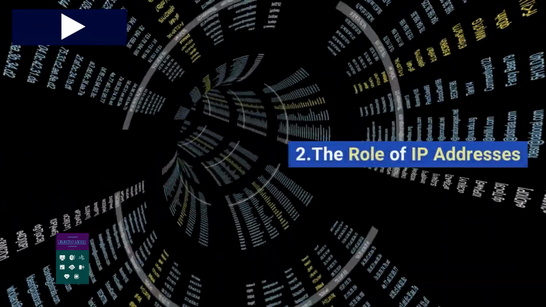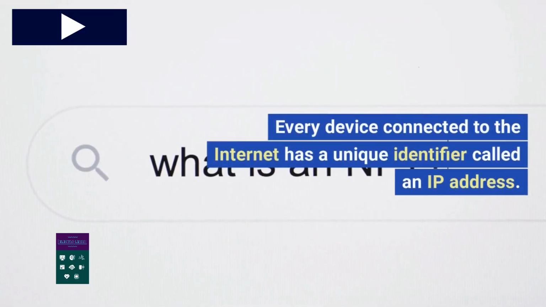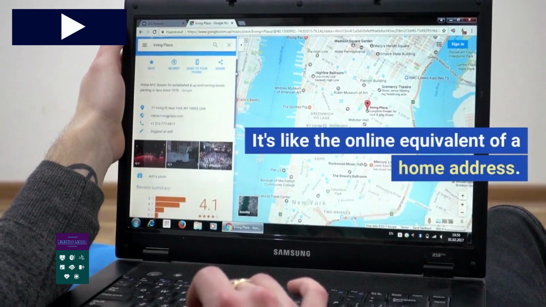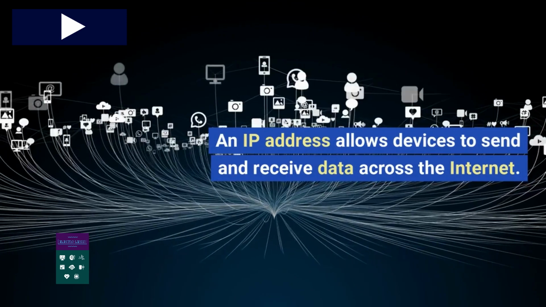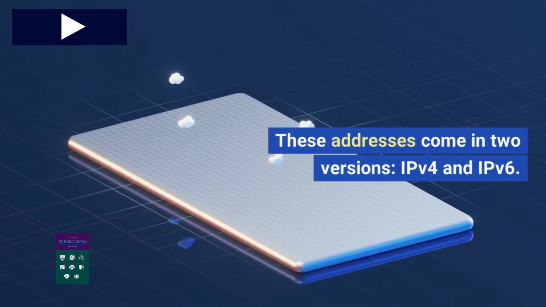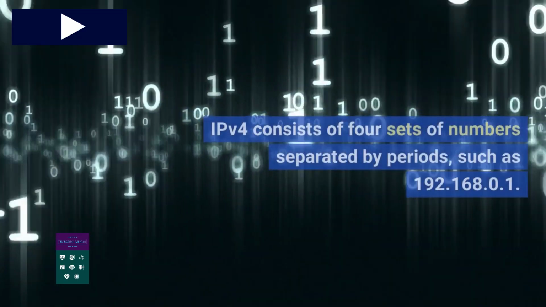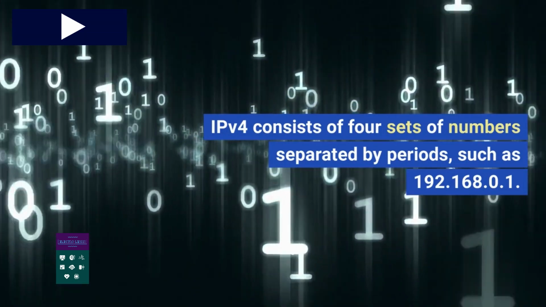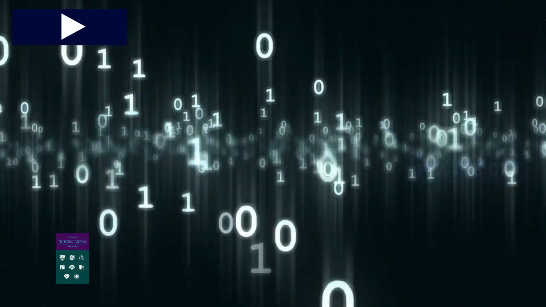2. The role of IP addresses. Every device connected to the Internet has a unique identifier called an IP address. It's like the online equivalent of a home address. An IP address allows devices to send and receive data across the Internet. These addresses come in two versions, IPv4 and IPv6. IPv4 consists of 4 sets of numbers separated by periods, such as 192.168.0.1.